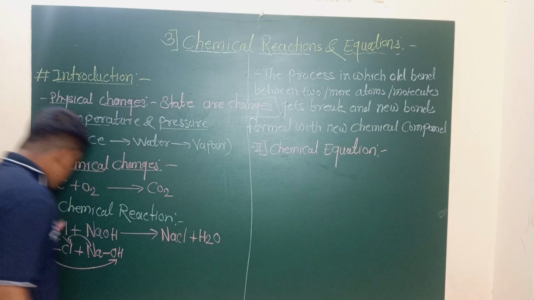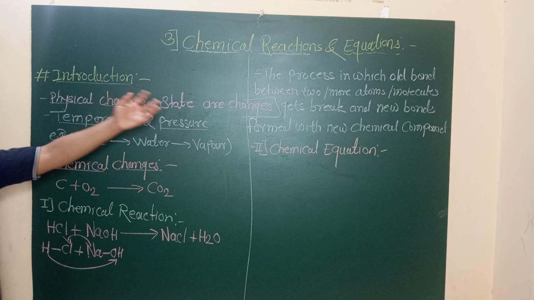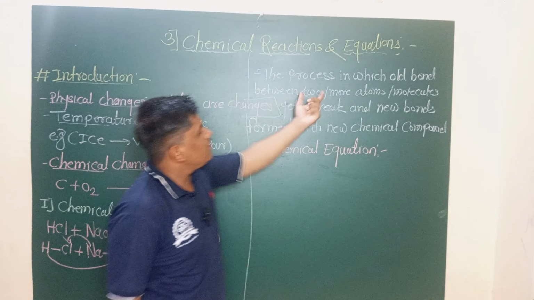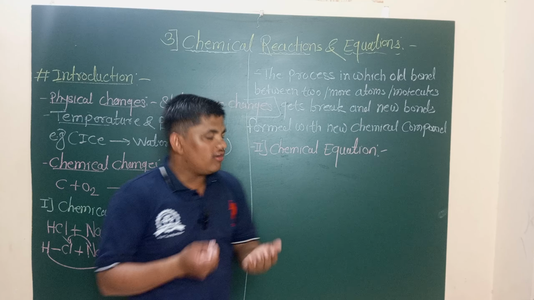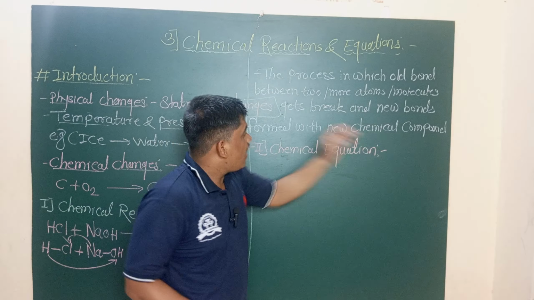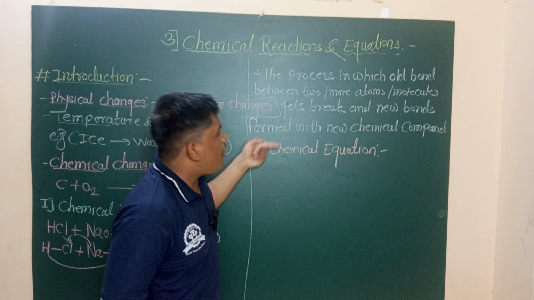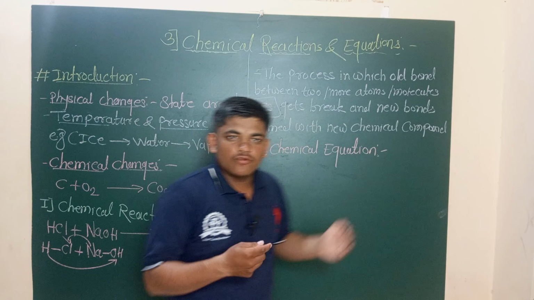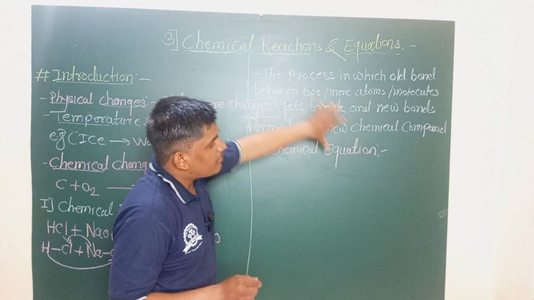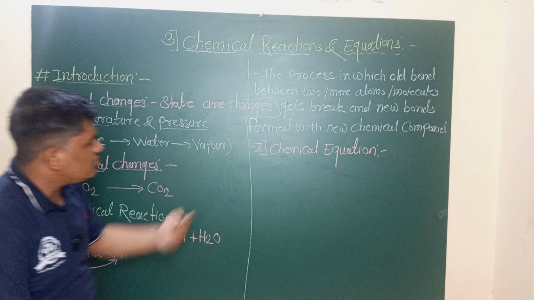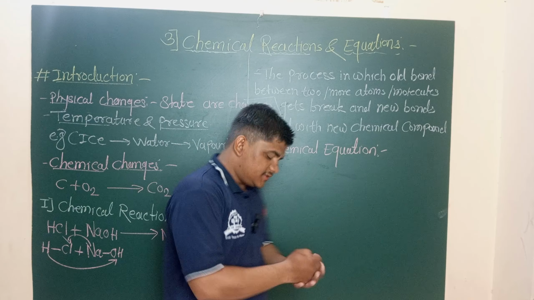What happens in a chemical reaction? The old bonds between the atoms of the previous molecules or chemicals get broken, and new bonds are formed with the new chemical compound. This process is called a chemical reaction, and all these processes are written in the form of an equation. This is called a chemical equation.